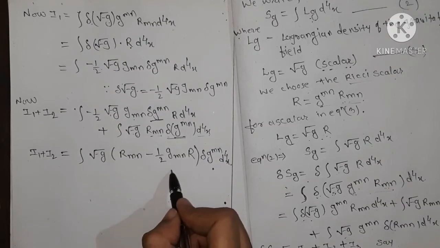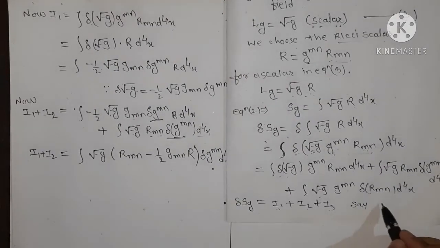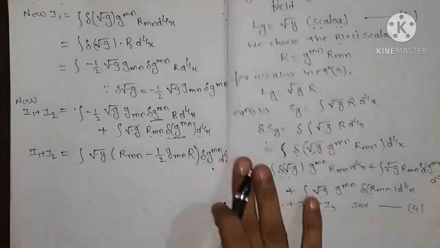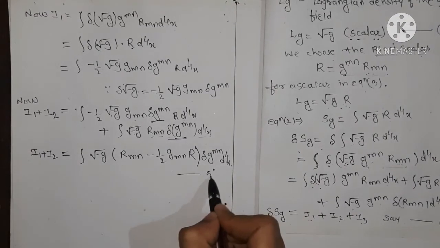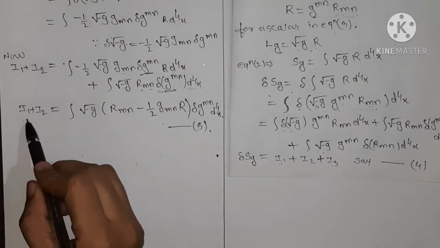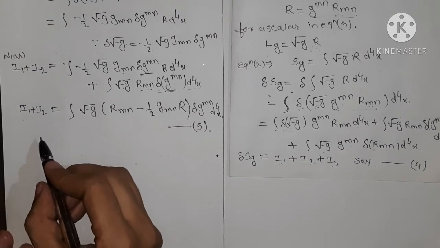For this equation we take the equation number 4, and for this we take the equation number 5. Now after computing the sum I1 plus I2, we compute I3.